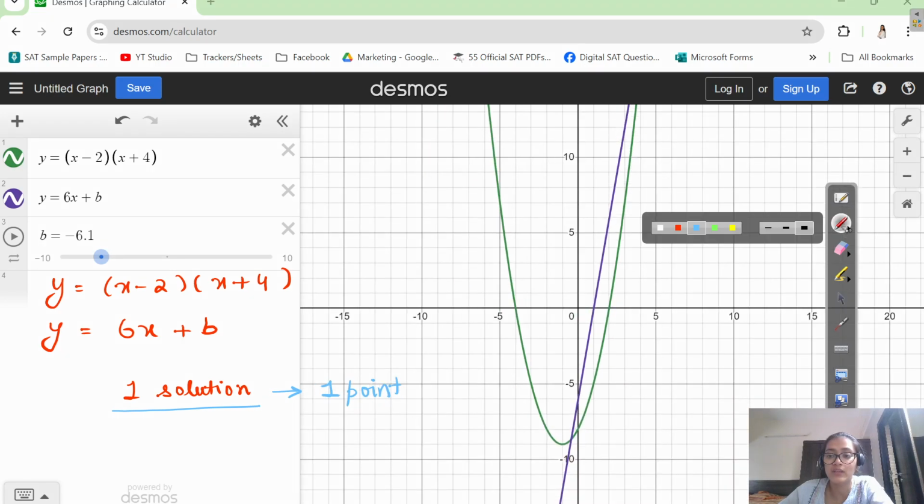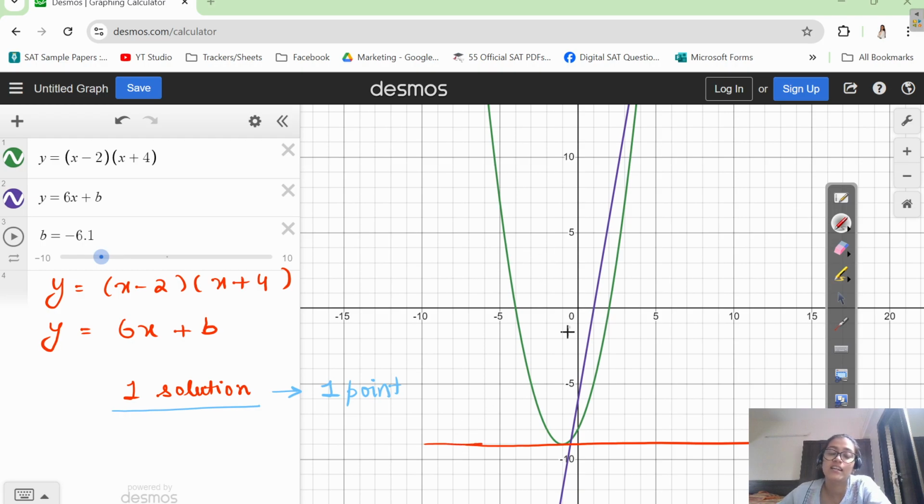One case is when the line touches the parabola when it is just parallel to the x-axis. That is one case. And the other case is like this, when it touches from the sides of the parabola, and that is this case, when the line will touch the parabola through the sides.